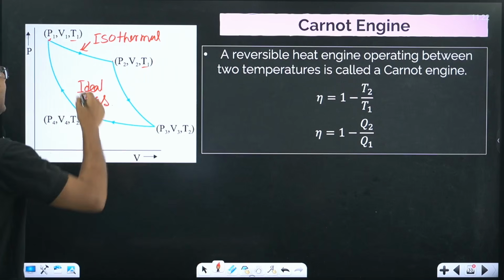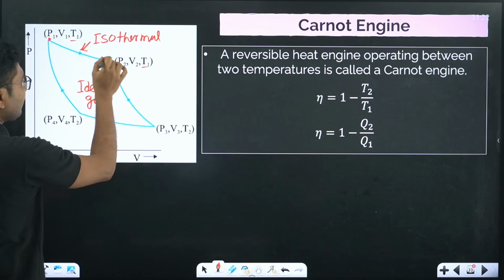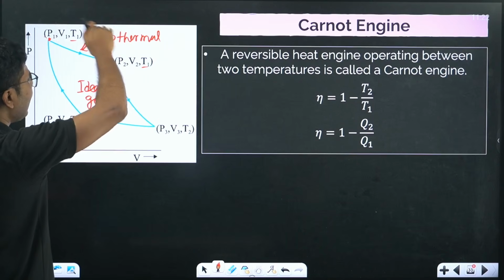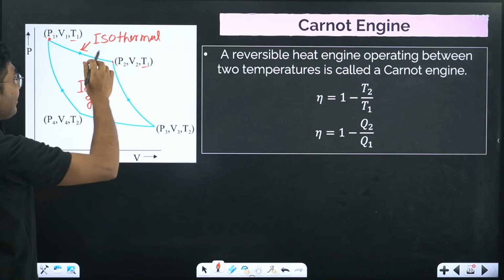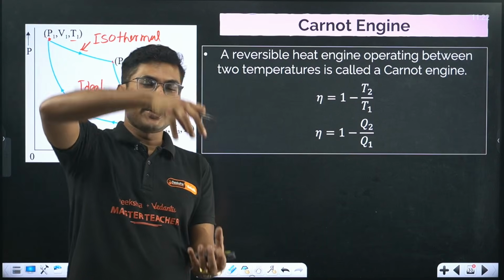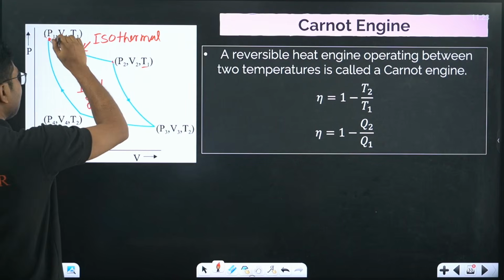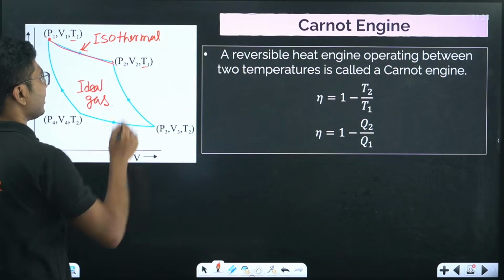Here, if you look at the pressure and volume, the volume is increasing, so it is isothermal expansion. You are basically opening the valve so that gas can go into the engine. So here, what happens is isothermal expansion.